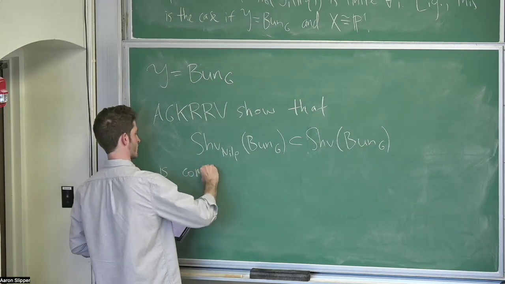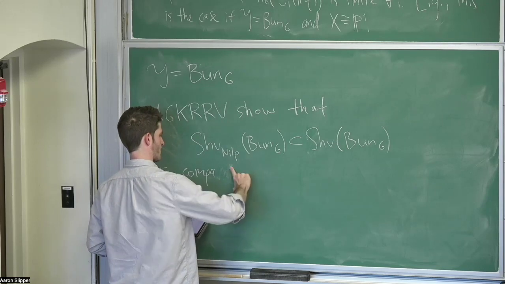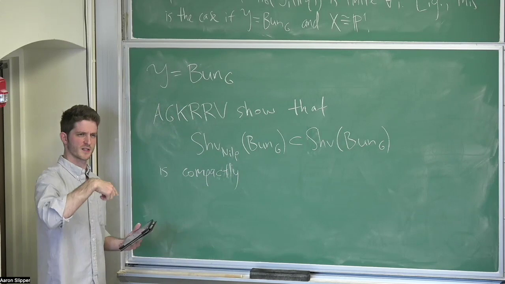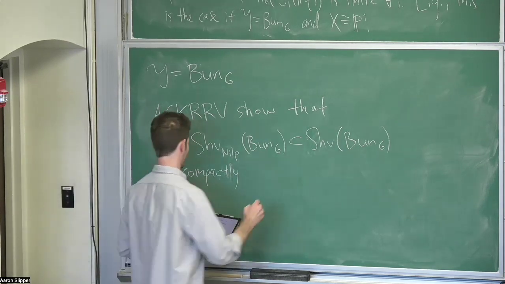That's certainly not obvious a priori. If I'm not mistaken, this inclusion has a nice right adjoint, but it doesn't have a nice left adjoint, so it's not so clear that it's compactly generated.